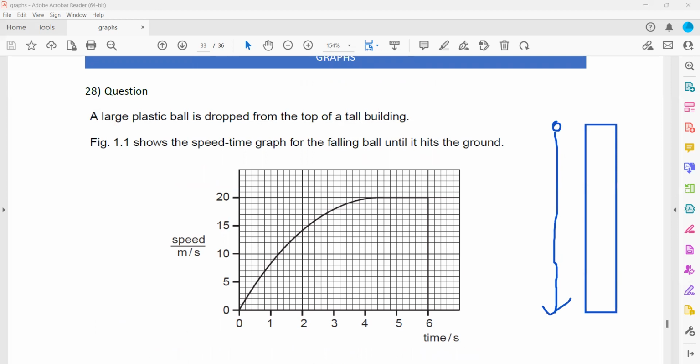You can use a trapezium, or you can divide the figure into parts, like a triangle and a rectangle. In a trapezium, area is half the sum of the parallel sides into height, the distance between the parallel sides.